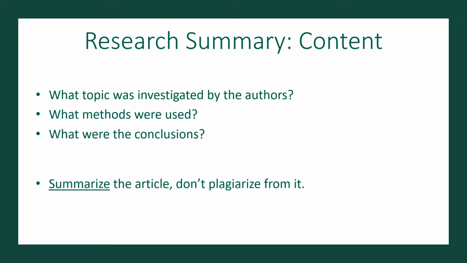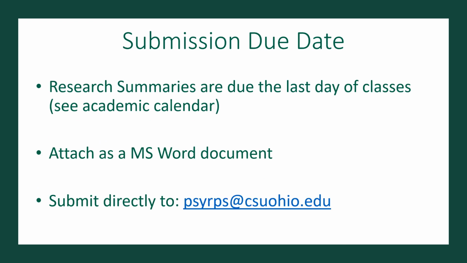And of course, explain the conclusions. What were the data patterns and what did the authors think they meant? Lastly, make sure that you summarize the article, not plagiarize from it. Read it carefully, understand it, and write about it in your own words.